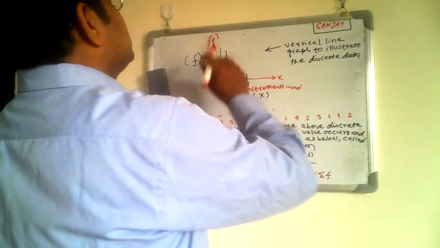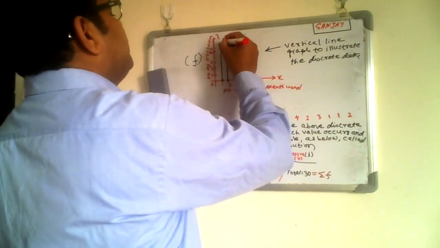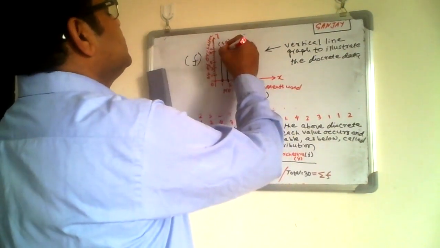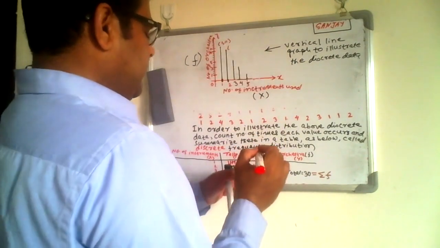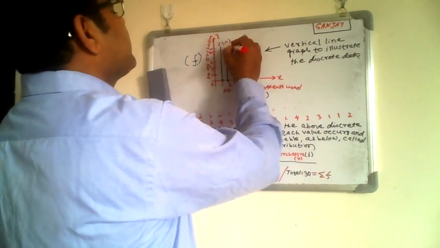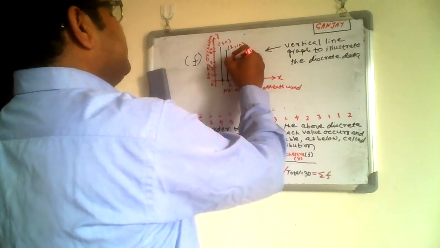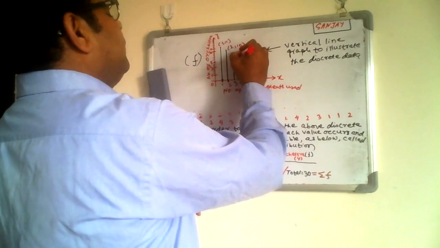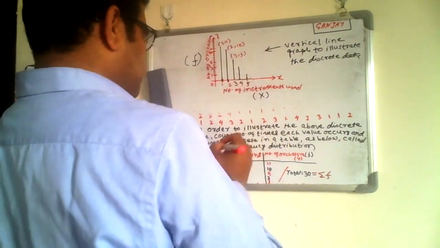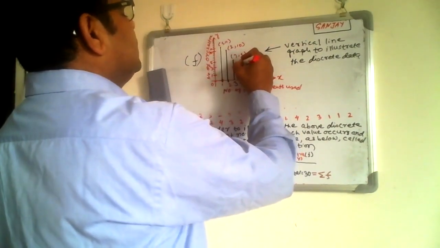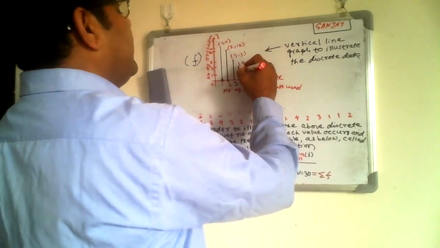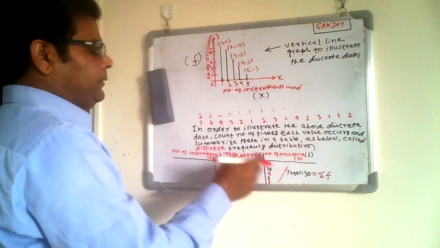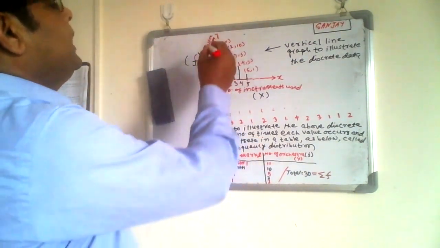This point is the value of x as 1 and the frequency 11. For 2 the coordinate is 2, 10, and the coordinate at this point is going to be 3, 5. 5 is the frequency here, and for 4 it is 3, and for 5 it is 1. So in this way we have these points.